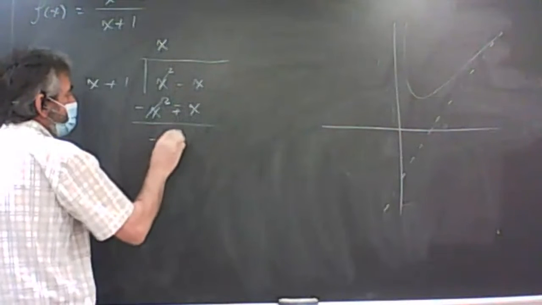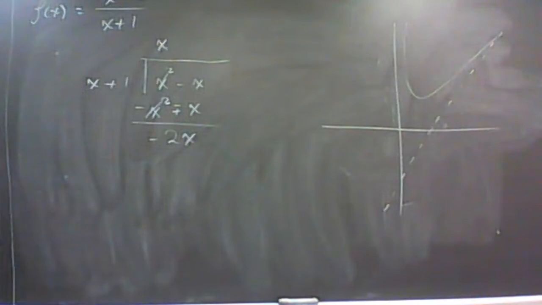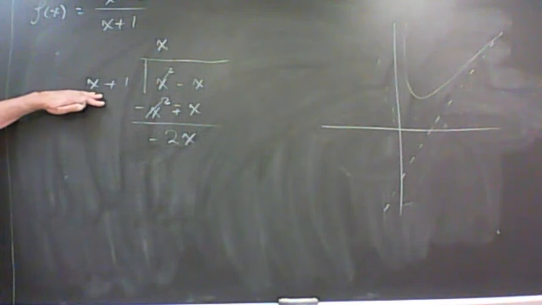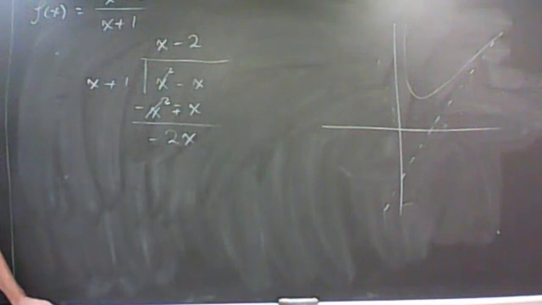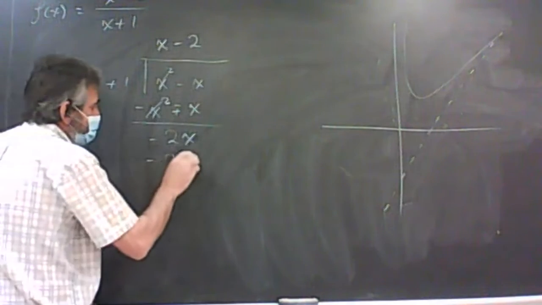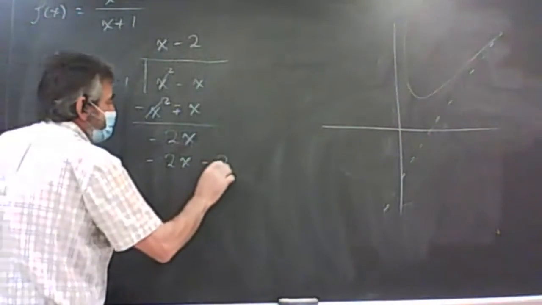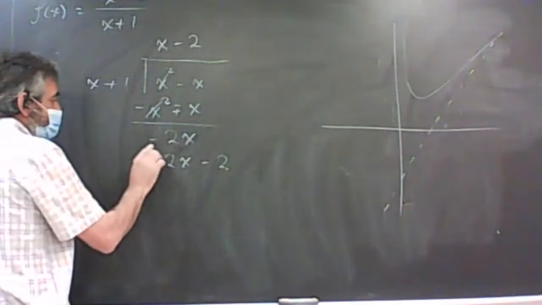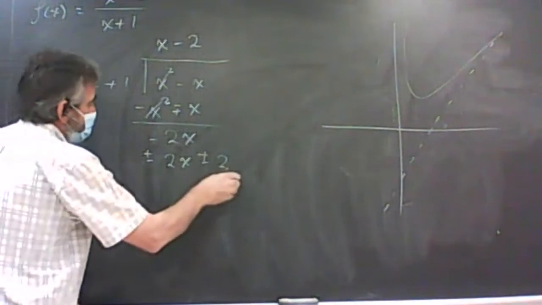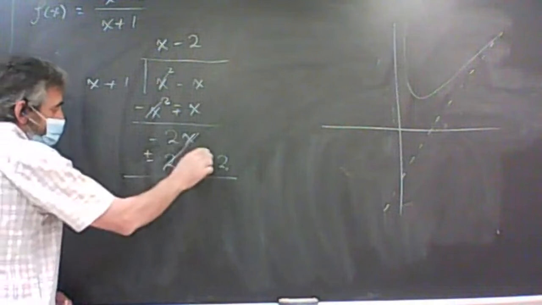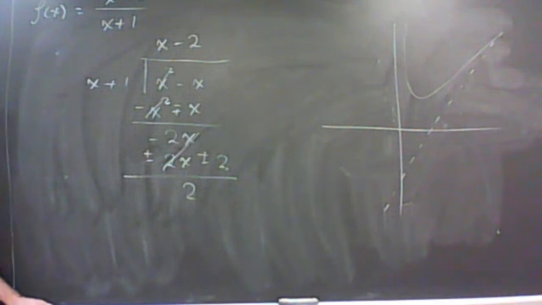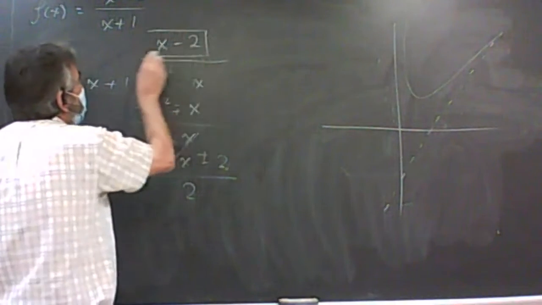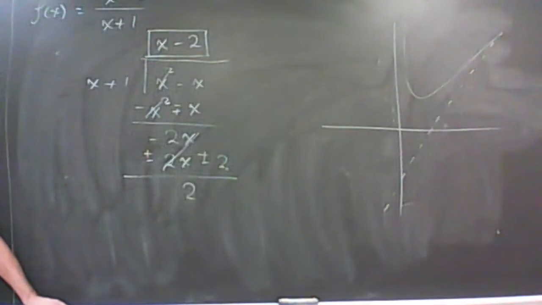Minus x minus x will be minus 2x. I can still divide. Minus 2x divided by x is minus 2. Minus 2 times x is minus 2x. Minus 2 times 1 is minus 2. Change the sign. So we end up with 2. So I can no longer divide. And this is my slant asymptote.